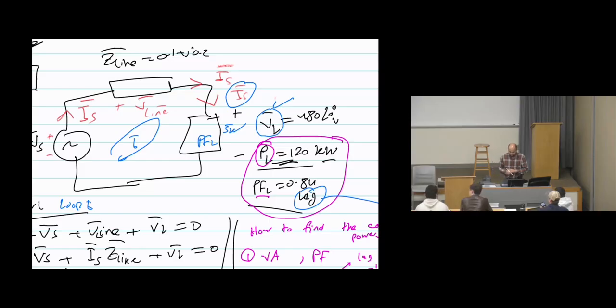You can see that the power factor of the load is 84%. The power factor of the source, 77. This means it went from 84% to 77, a poor source power factor. Why? Because we have losses going on, and these losses are because of the line impedance.